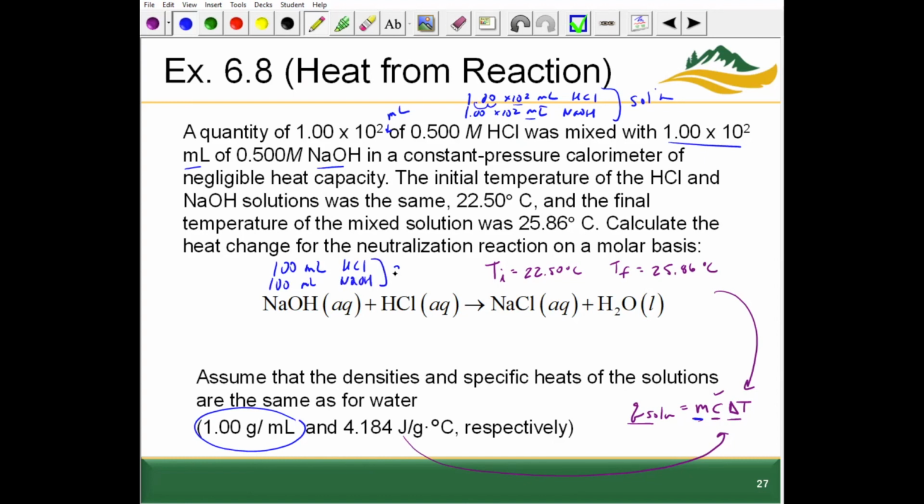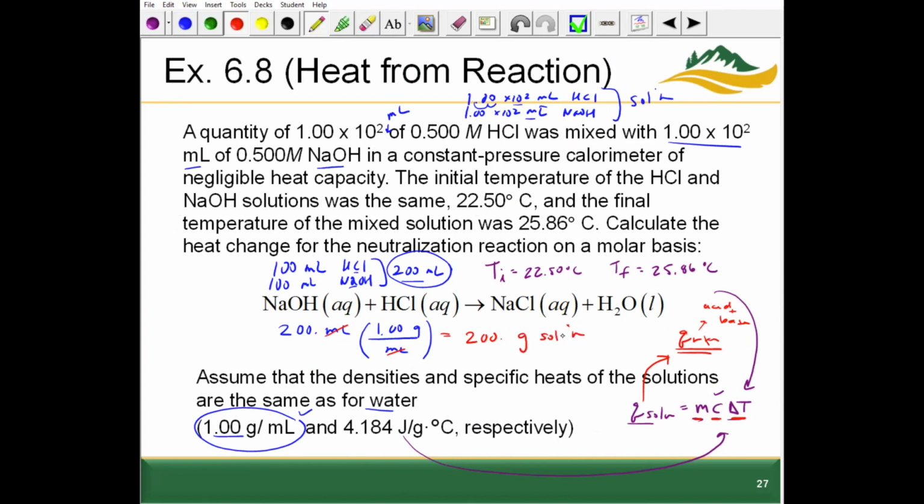Altogether then, the solution is 200 mL of HCl and NaOH, so 200 mL together. How much does that weigh? We're told we can assume the density for water for our solution. So if we have 200 mL of solution, using the density, we're going to say 1.00 grams per mL, and we write it like this, so we can cancel out mL and mL. So that total mass then is 200 grams of the solution.